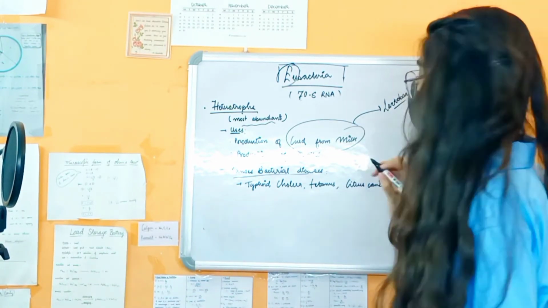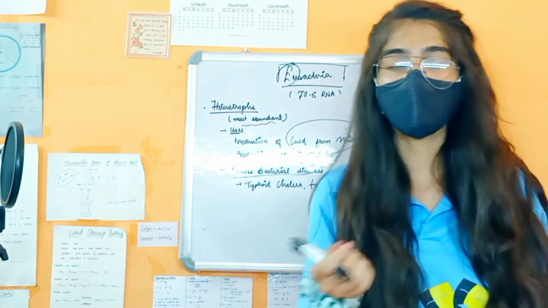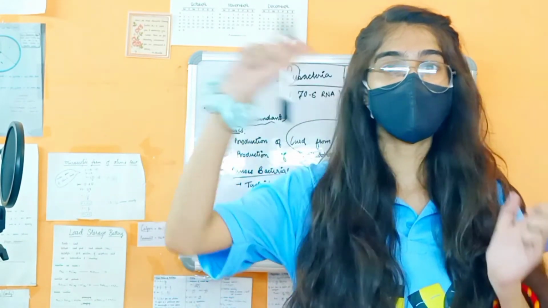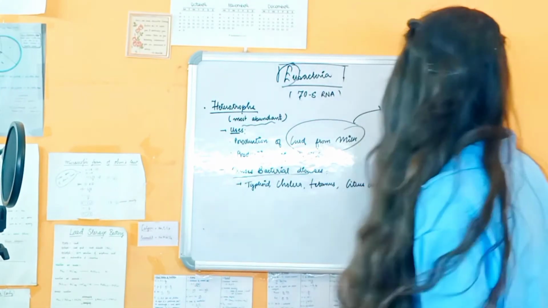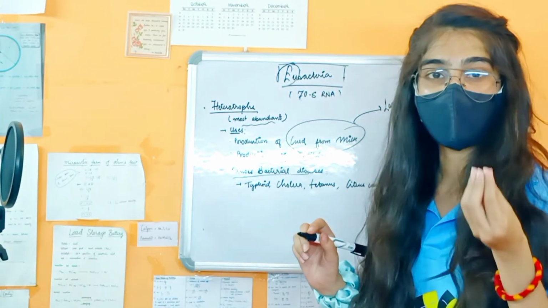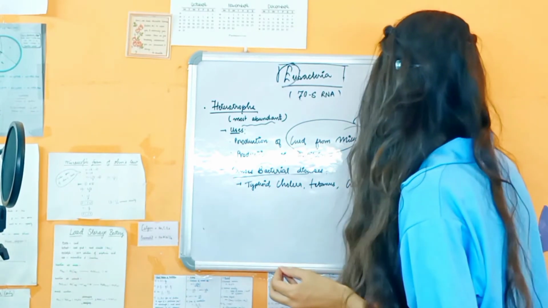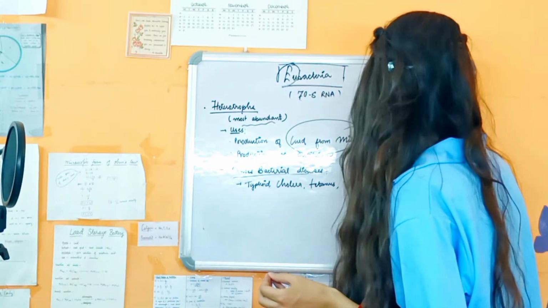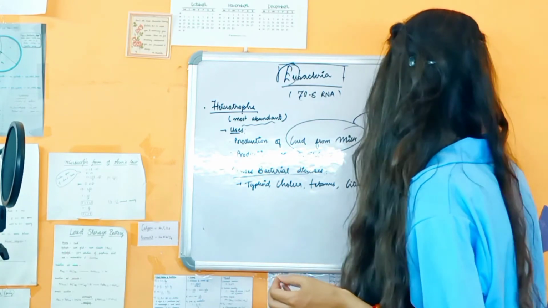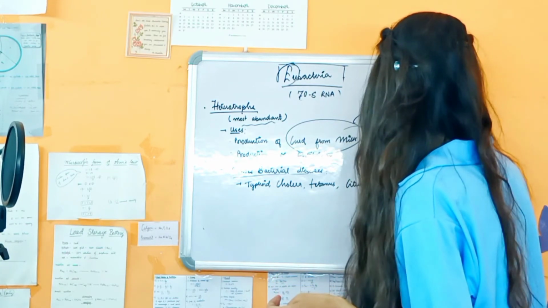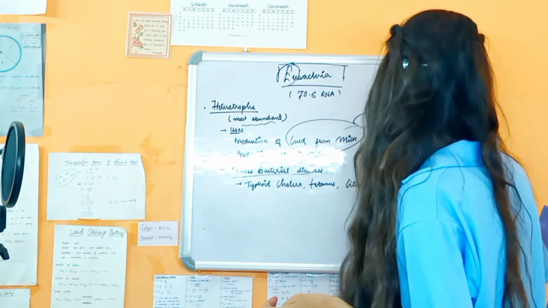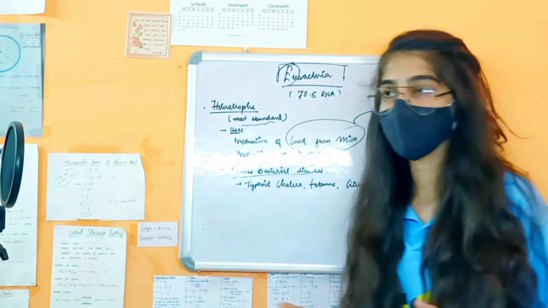The small amount of curd added to raw milk lets the whole milk get converted to curd. How do they do that? The small amount of curd added to the milk is known as inoculum, and this inoculum contains a large amount of Lactobacillus.